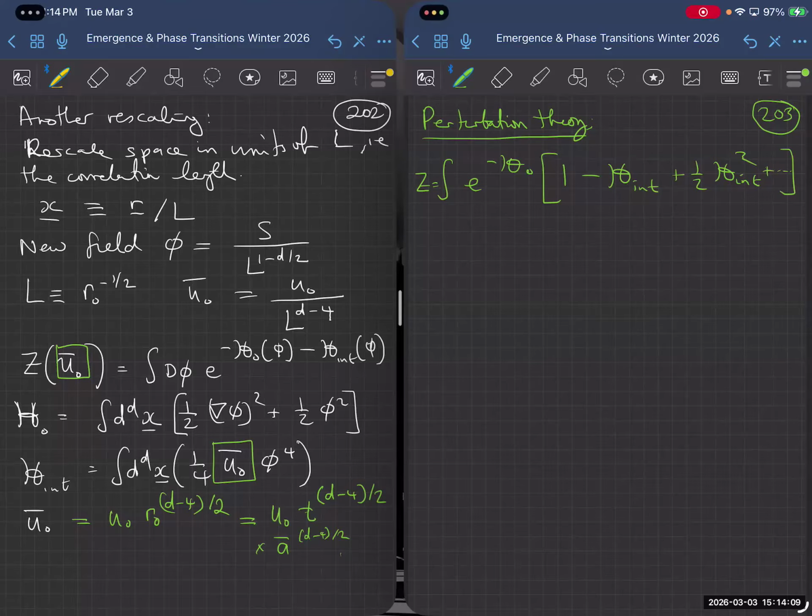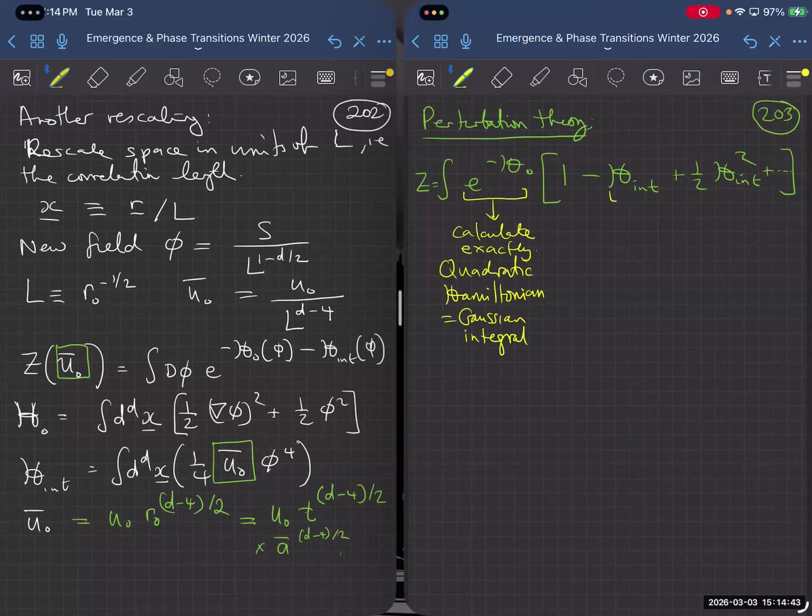That's what perturbation theory is. It just means expanding the exponential. So this part we can calculate exactly because it's just a quadratic Hamiltonian, and so that means it's just a Gaussian integral. And then these parts here are the perturbation.